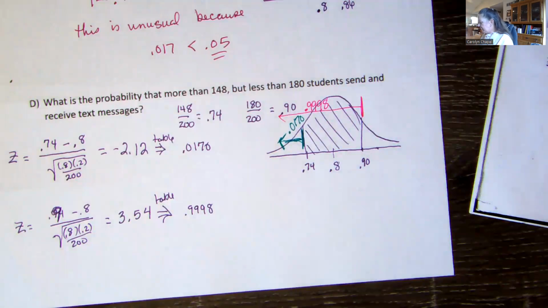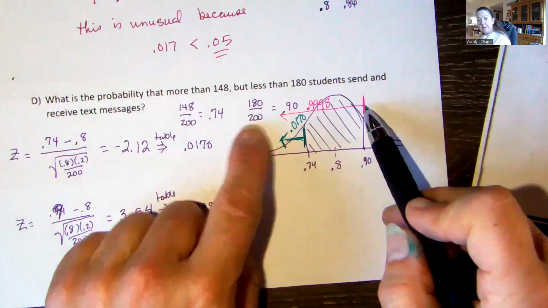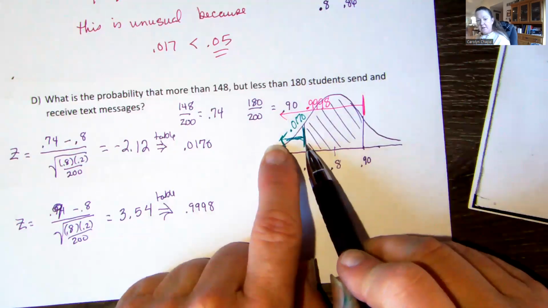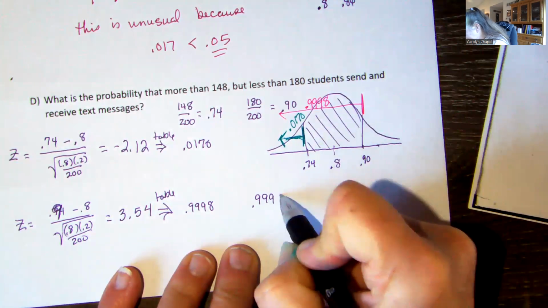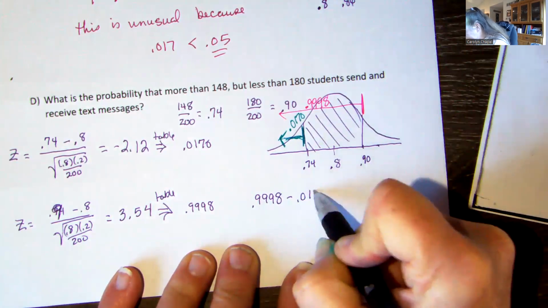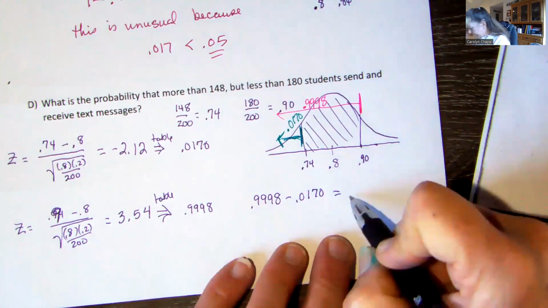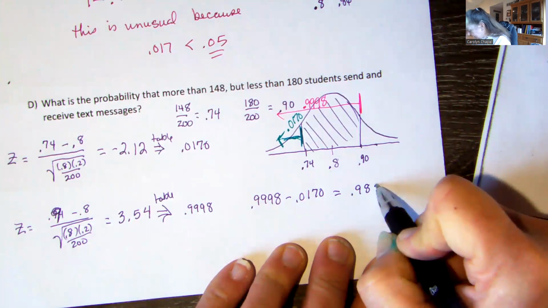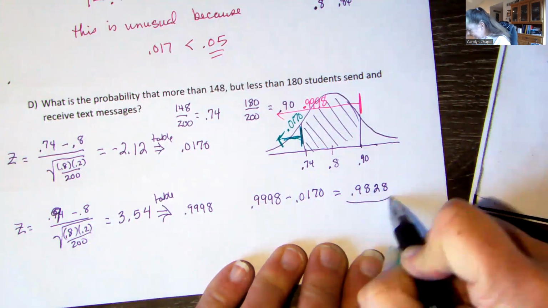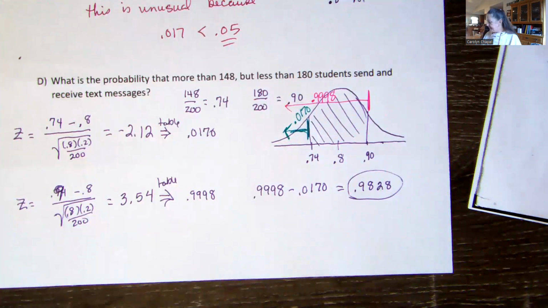So to find between the two, we take the pink and get rid of this teal color. So we're going to do some subtraction, and I come up with 0.9828. There we go. There's our probability that we're between those two values.